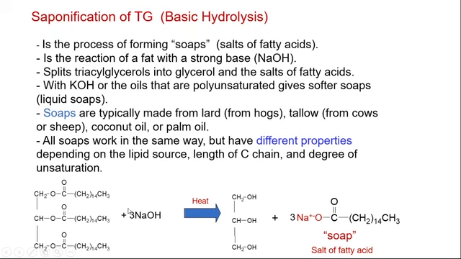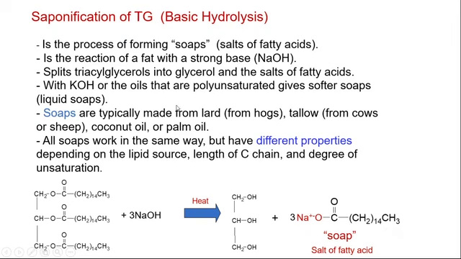So you have the triglyceride in the presence of sodium hydroxide, also known as lye, in the presence of heat, which can break it down into glycerol, and these three fatty acids released will form the sodium salt of the soap. If you use potassium hydroxide, you will get the potassium salt.